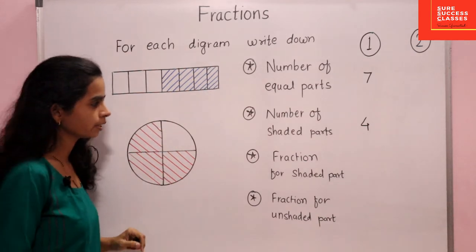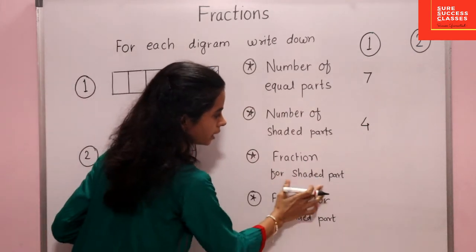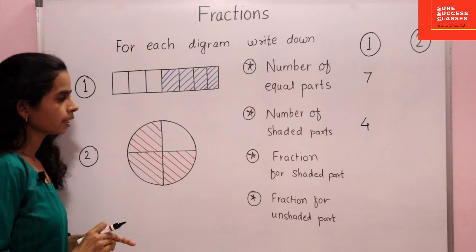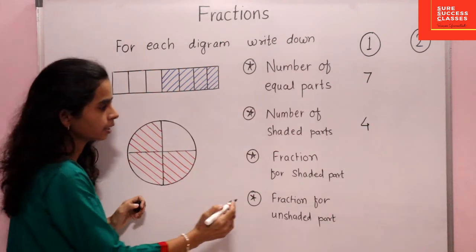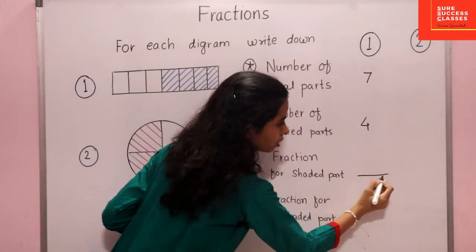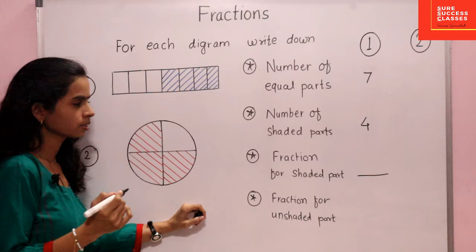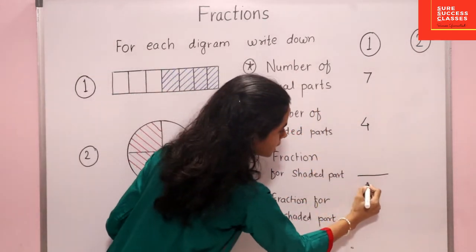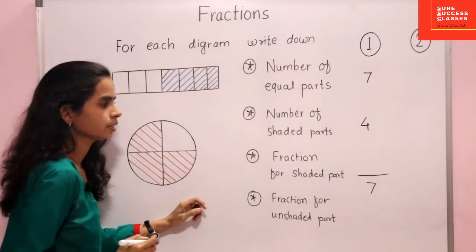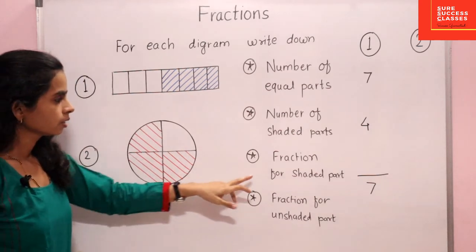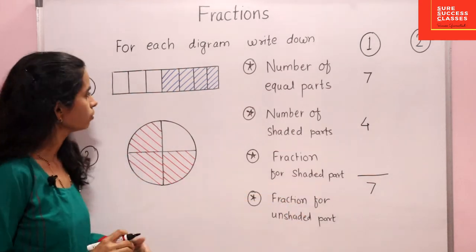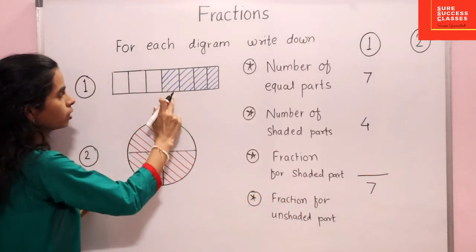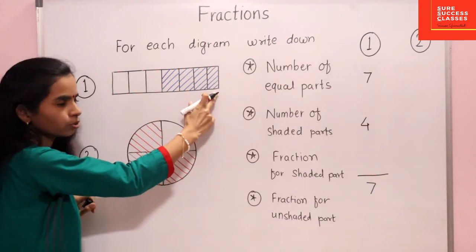So let's move ahead. Fraction for shaded part. When we write such fractions, we write the total number of equal parts as the denominator. Total number of equal parts is 7. And for shaded part, we count 1, 2, 3 and 4.